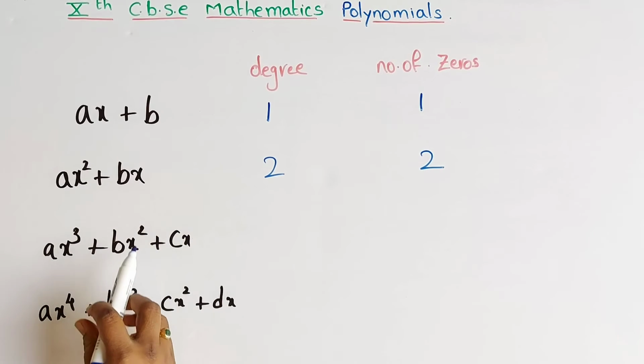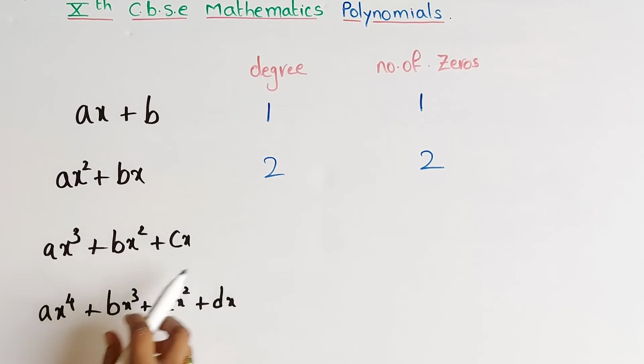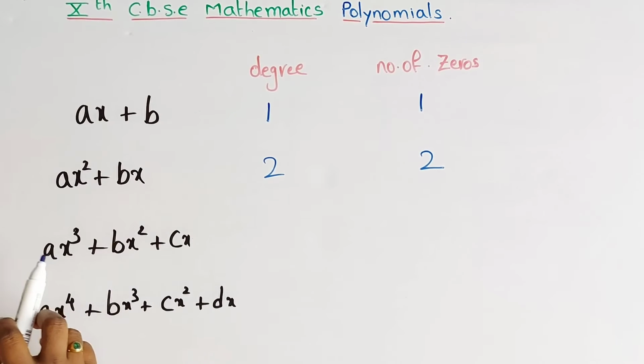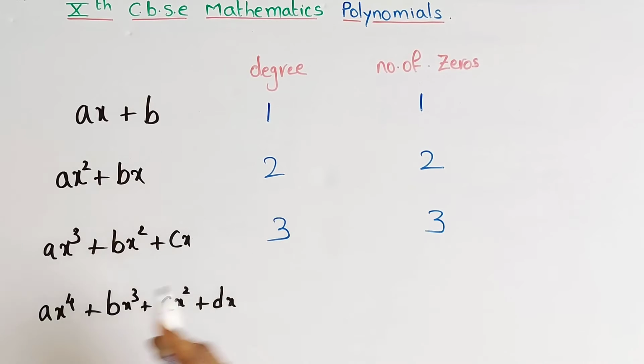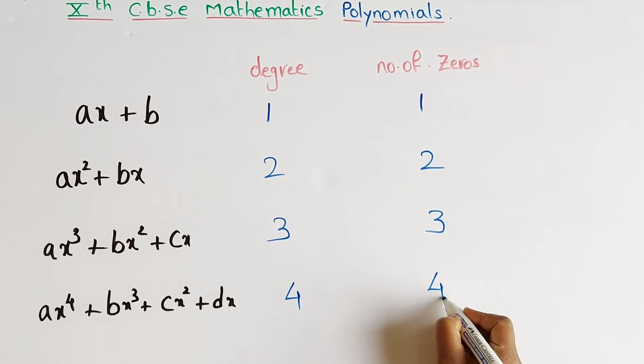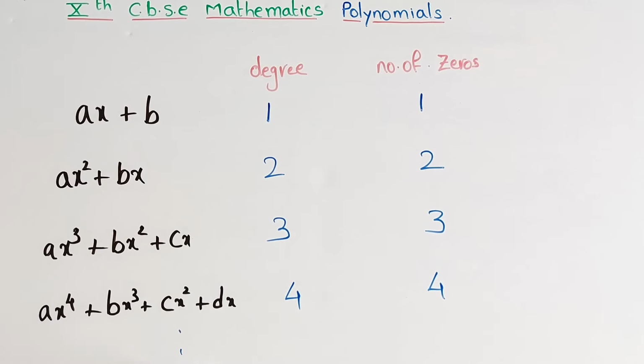Ax cube plus bx square plus cx, it is a cubic polynomial. So degree of the polynomial is 3. Number of zeros also 3. Here ax power 4 plus bx cube plus cx square plus dx, degree is 4. So number of zeros also 4. As the degree of the polynomial is increasing, the number of zeros also increases. Right, children?